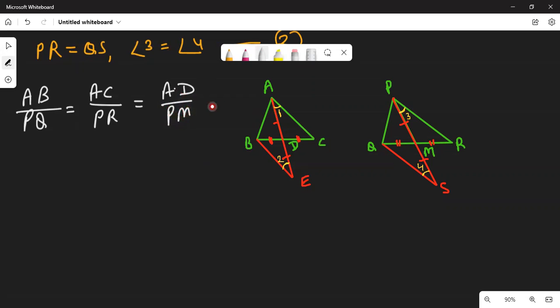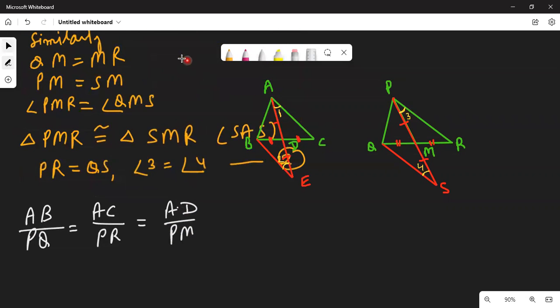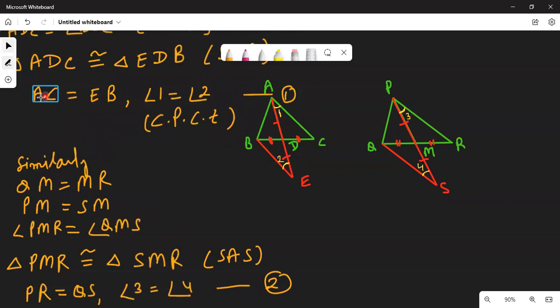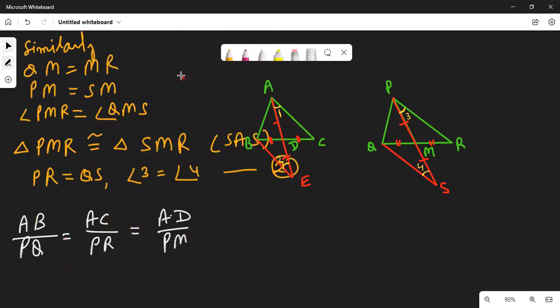This was given in the starting. So we're taking that. Now, in place of AC and PR, look at the value. PR is QS here, so in place of PR, we can write QS. And in place of AC, AC is the same as EB. This side AC and BE are the same, PR and QS are the same. That is what we are going to use here.